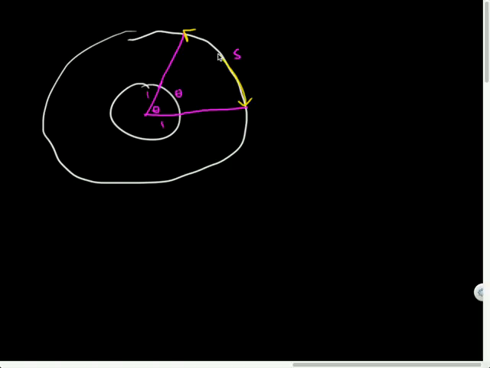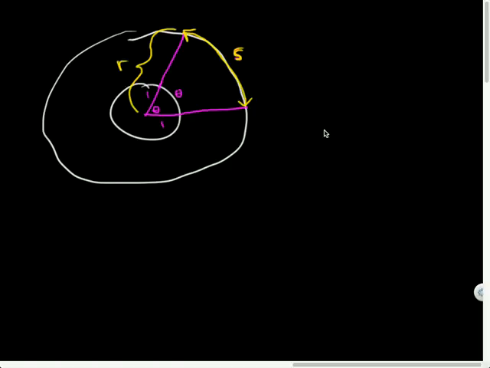All right, and I believe you've seen a formula for arc length in the past in geometry, and it was related to proportions, and really this is as well. And this length will be my radius.